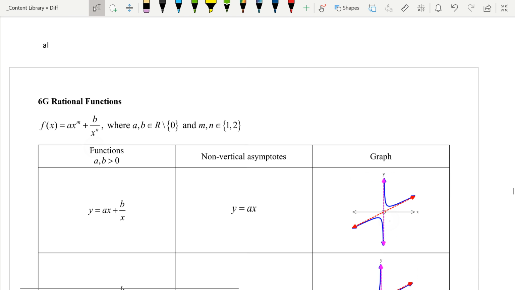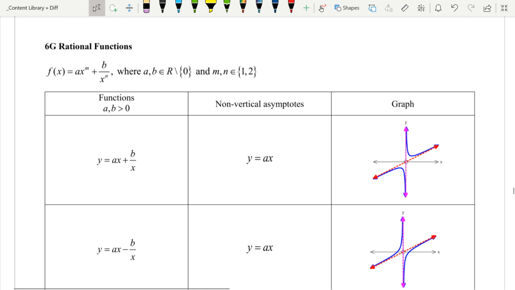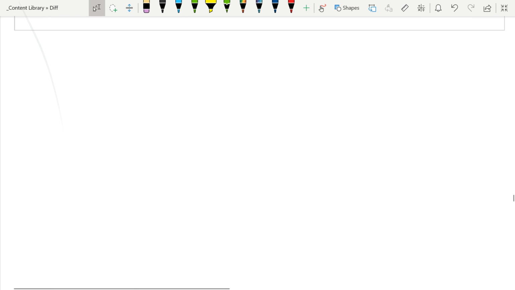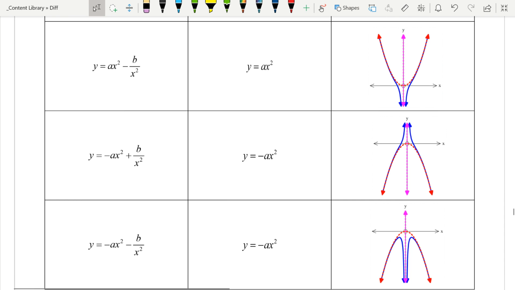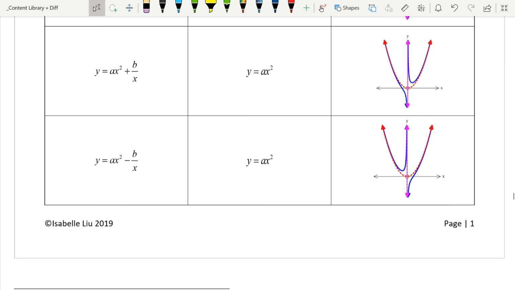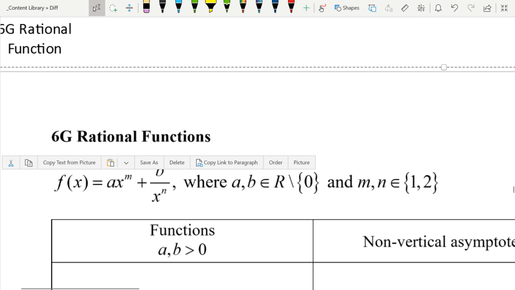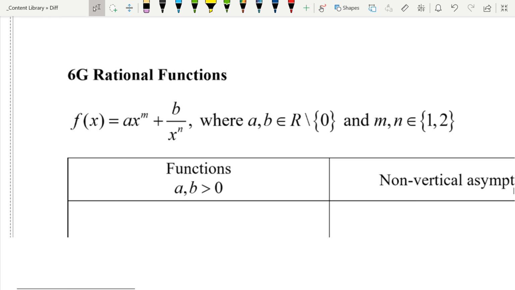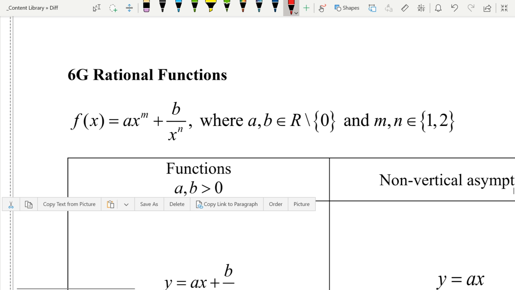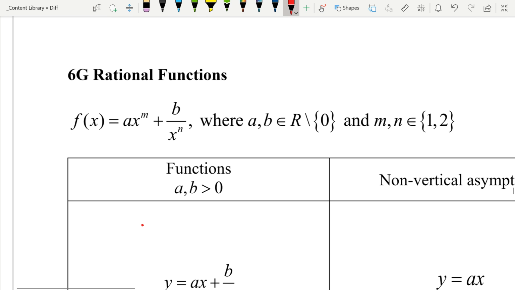First of all, the functions we're going to sketch here, these 3 pages, I give you really colorful graphs. The function we talk about has a formula like that: a times x to the power of m plus b over x to the power of n. Basically, it's a whole part plus a fraction.